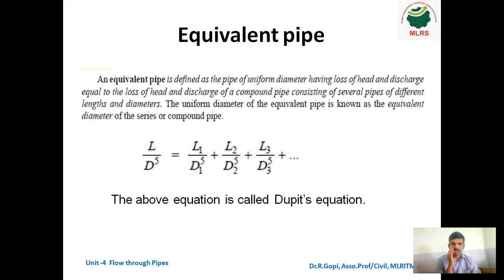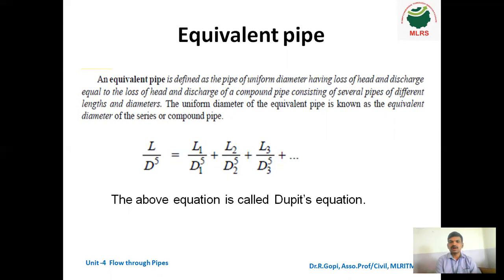Okay, sorry, pipes in series or compound pipe, there are a number of pipe diameters under different lengths. I want to convert the number of pipes, a lot of different cross sections and different lengths, into one diameter for the same resultant, same discharge, same head of water.